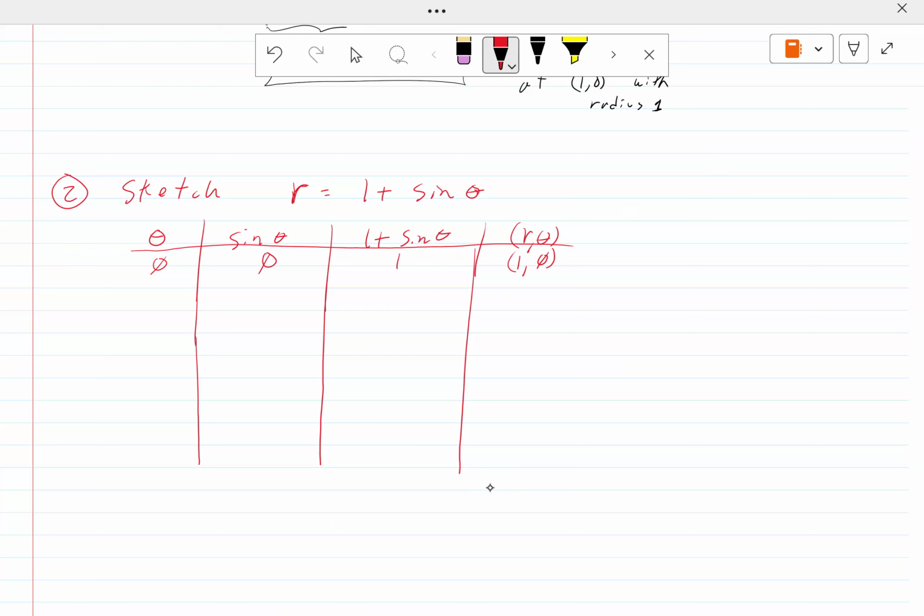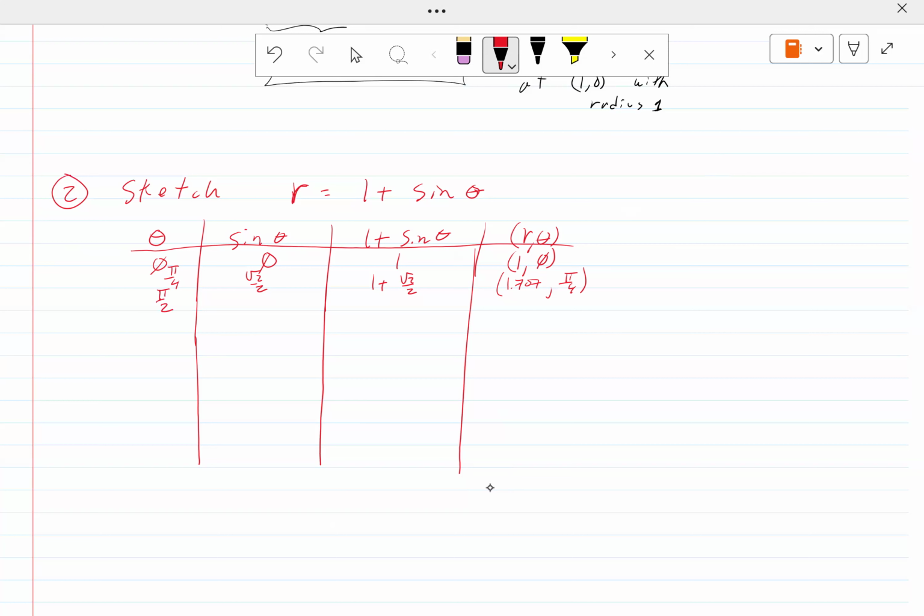Okay, pi over 4. The sine is radical 2 over 2. This is 1 plus radical 2 over 2, which is approximately 1.707. So I'll go 1.707 and then pi over 4. If you didn't know, radical 2 over 2 is about 0.707, well, now you do. Okay, pi over 2.